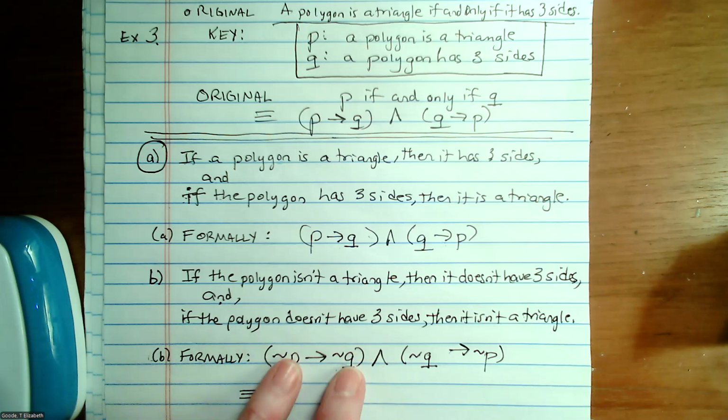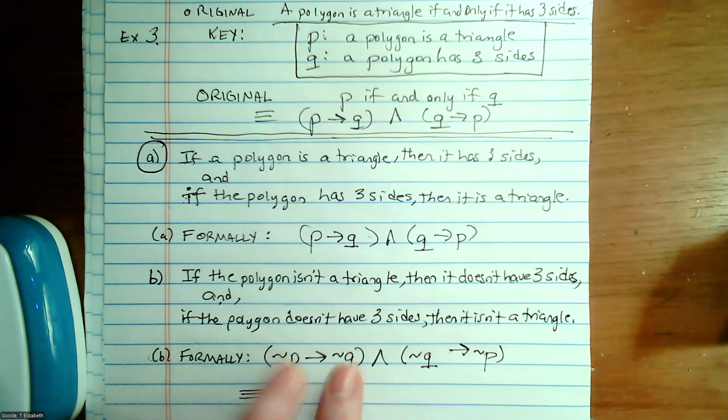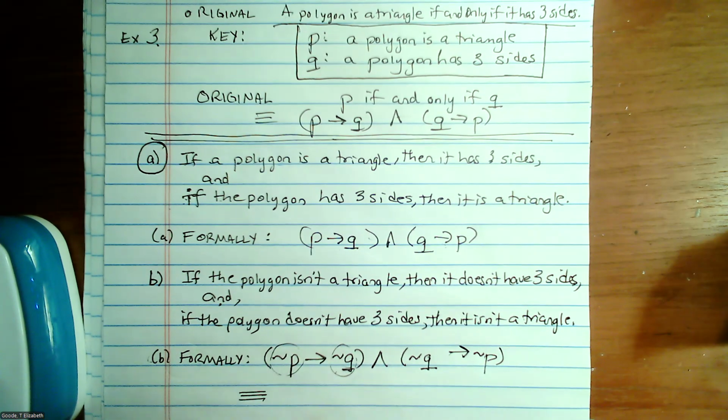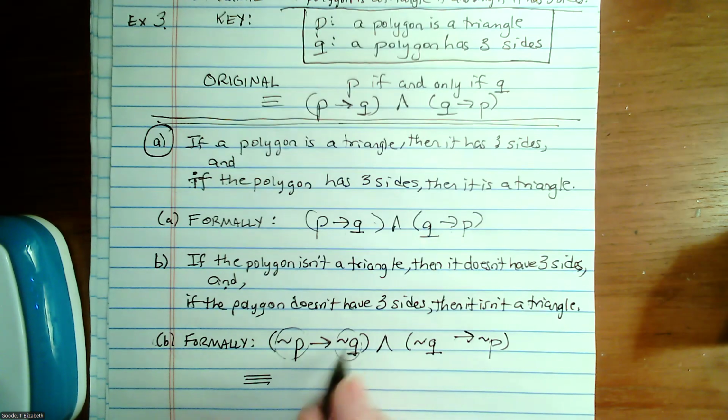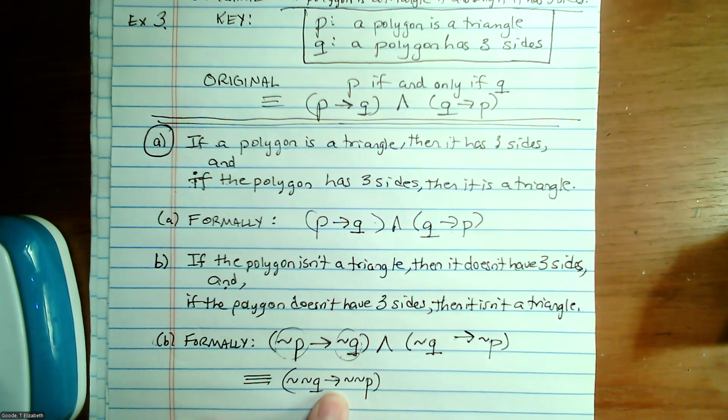Even though we call this the inverse of P implies Q, it has another, logically equivalent form, where we take the two components and switch their positions and negate both components. So this is not Q implies not P. It is logically equivalent to its contrapositive. This is the contrapositive of that.